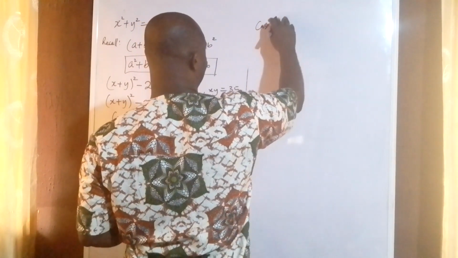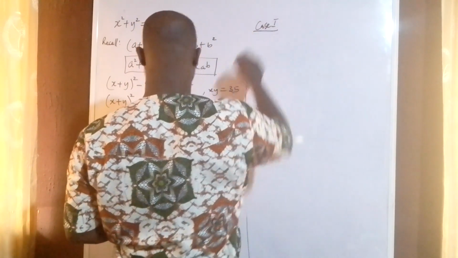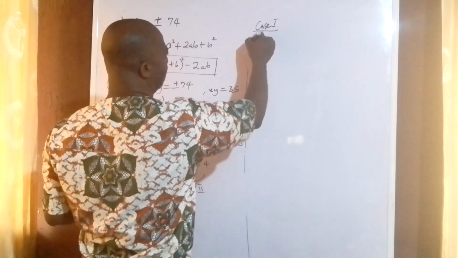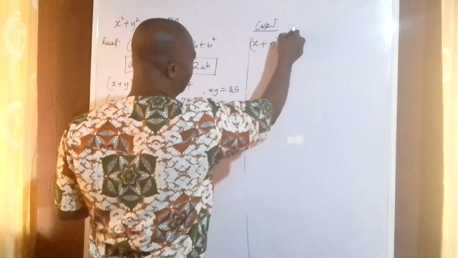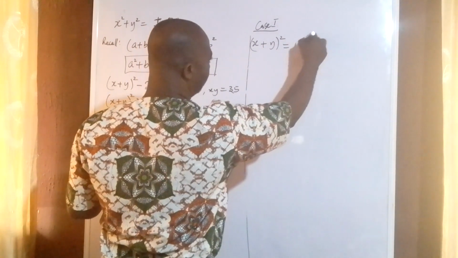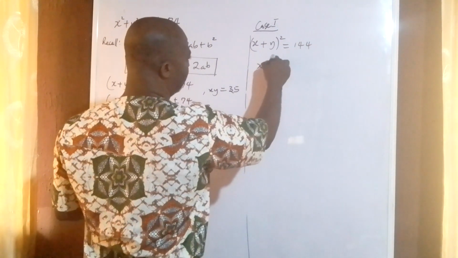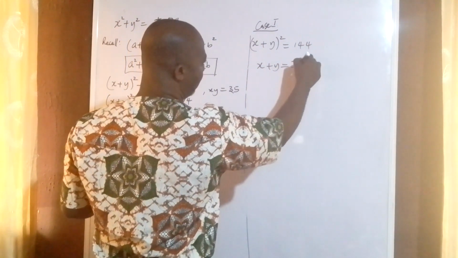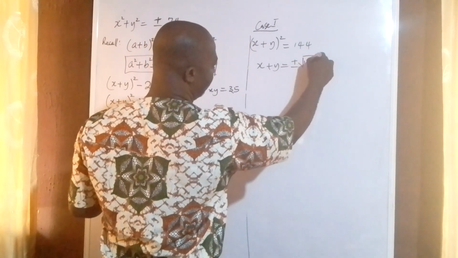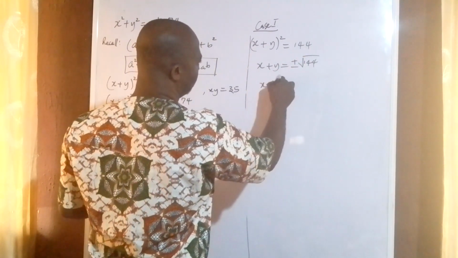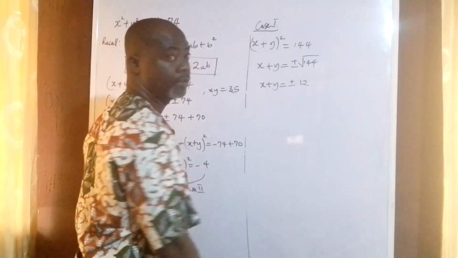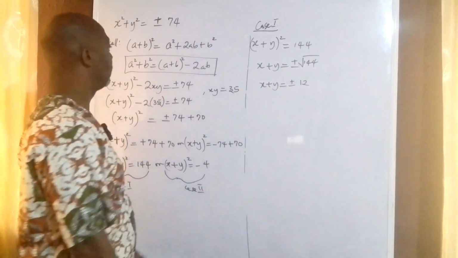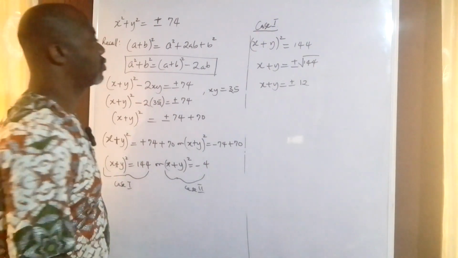For case 1, we have x plus y all squared equal to 144. So x plus y will give us plus or minus the square root of 144, which is plus or minus 12. Don't forget we have to find x plus y.